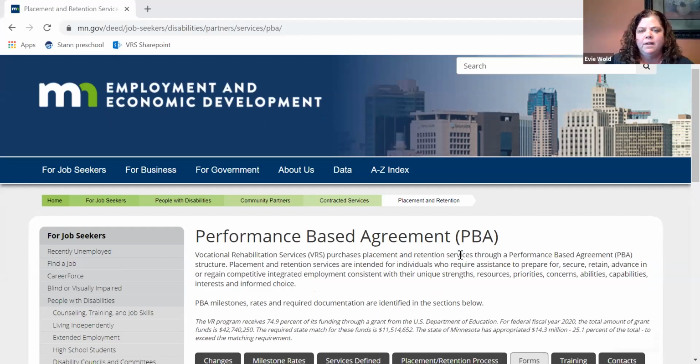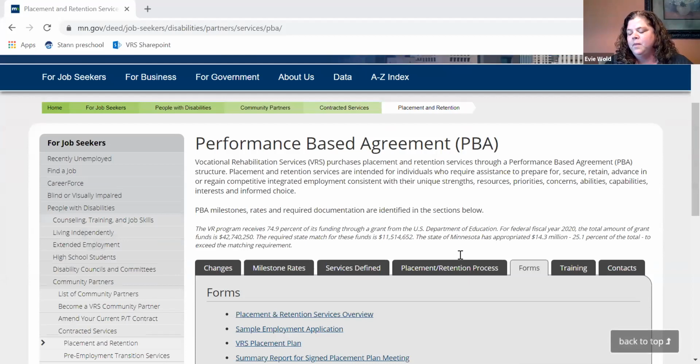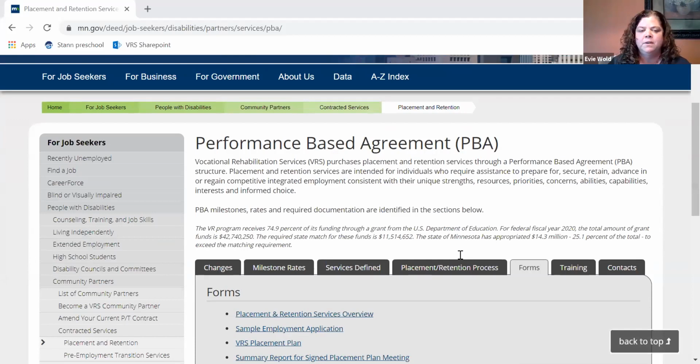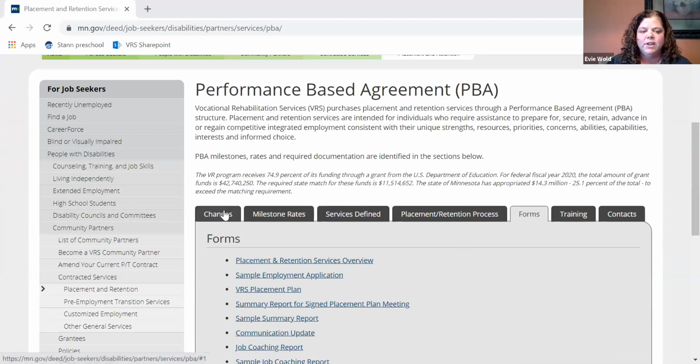I will put the link to the website in the chat when I'm done presenting. If you're providing performance-based agreements, in here you can see that we have all the information on any changes that have recently happened. You should be getting those through our GovDelivery system as well, but if you're not, you can go into this website as well on the left.